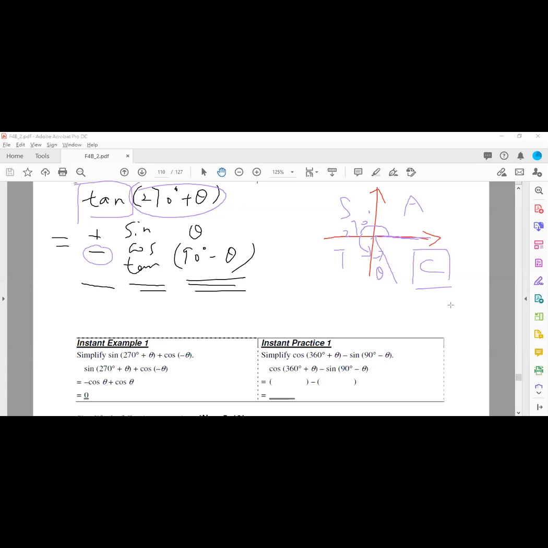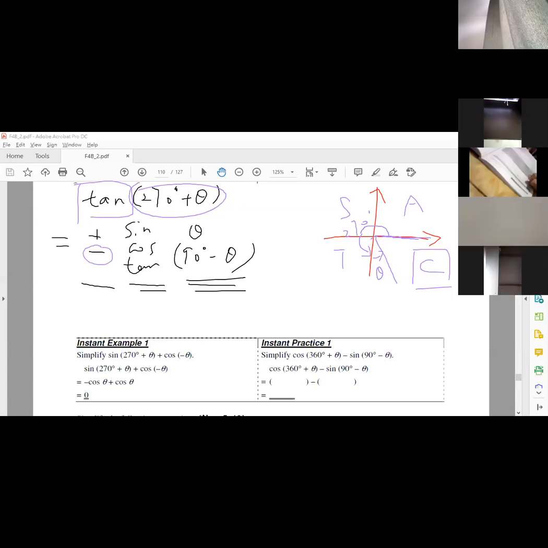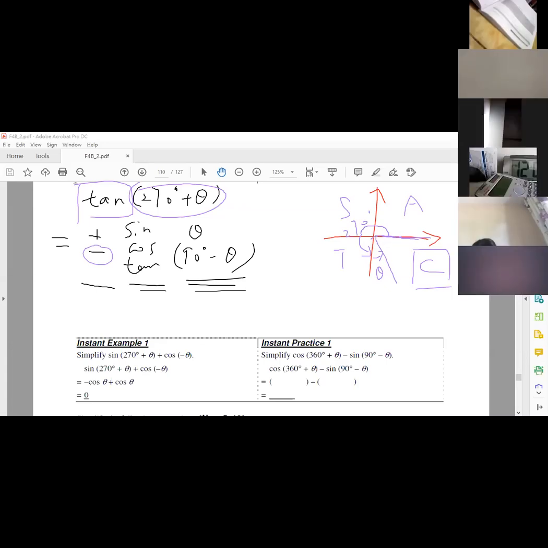Do you get how to see that tangent lands in that box? If you get the positive or negative sign part, can you give me a like? Just the sign only. If you understand how to determine the positive or negative sign, please give me a like or a clap.